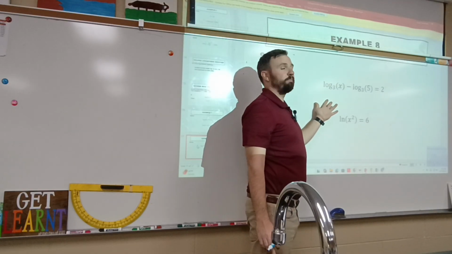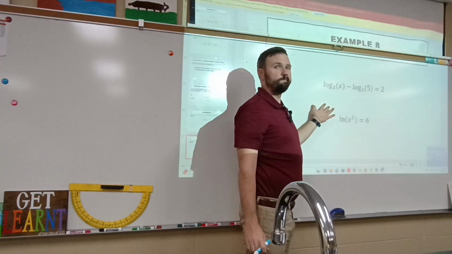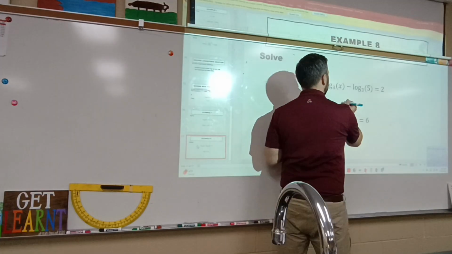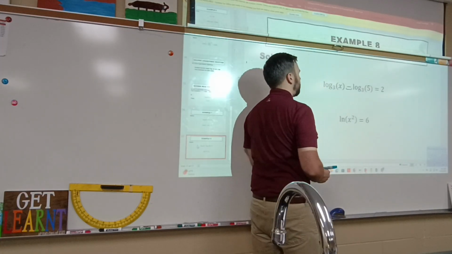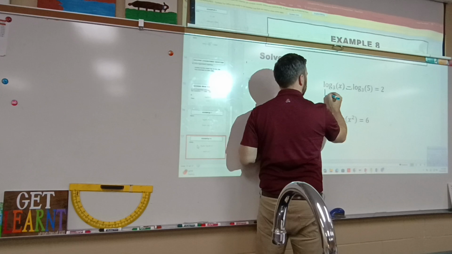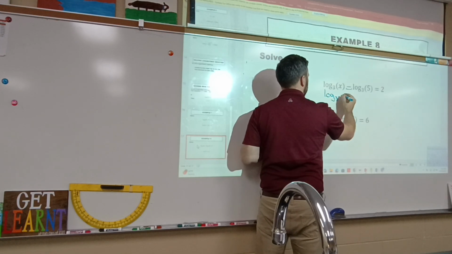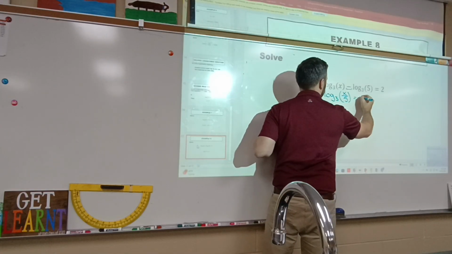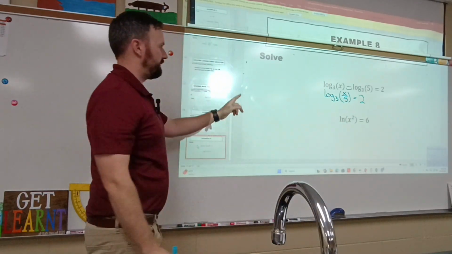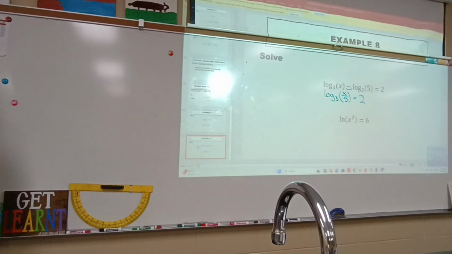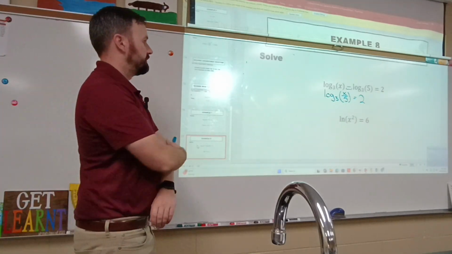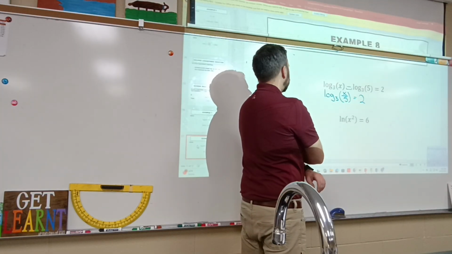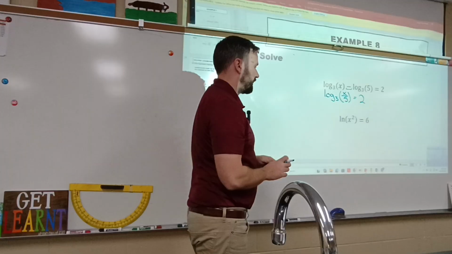Can I just take everything as a power of 3? I need to get this down to 1 log. I need to isolate to 1 log. Luckily, what can I do with that subtraction? What does that mean? Subtraction is division. So can I convert that top equation to 1 log? I can, using my log properties. Now my log is isolated.